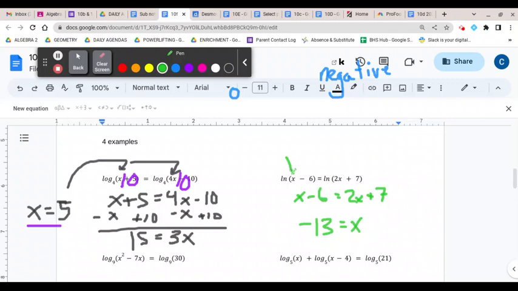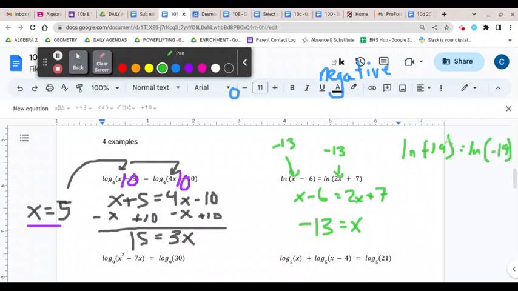We plug negative 13 in here and here, and we have the natural log of negative 19 equals the natural log of negative 19.